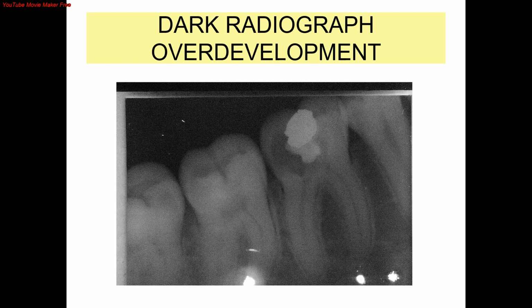In overexposure, excess milliamperage, excess kilovoltage peak, and excess time can lead to overexposure. Similarly, a short target to film distance is another reason why you get a dark radiograph. In processing errors, overdevelopment, concentrated developer, inadequate fixation, accidental exposure to light, and improper safe lighting are the reasons. A dark radiograph also loses its diagnostic value.